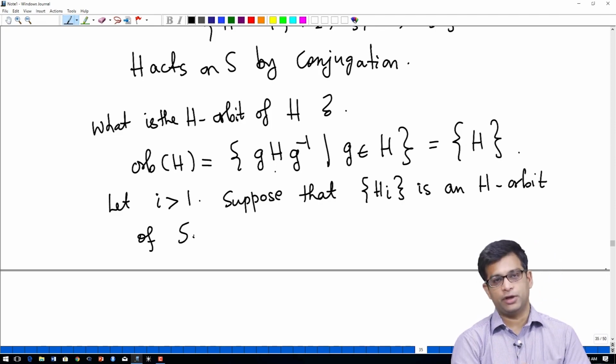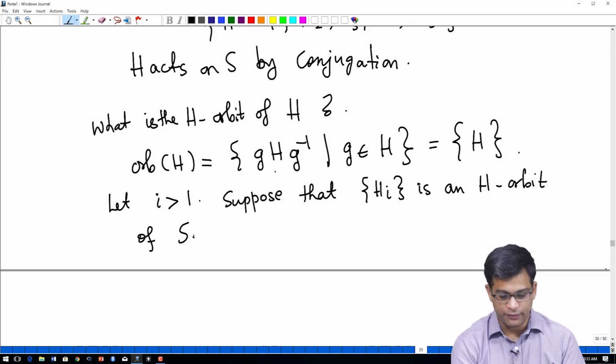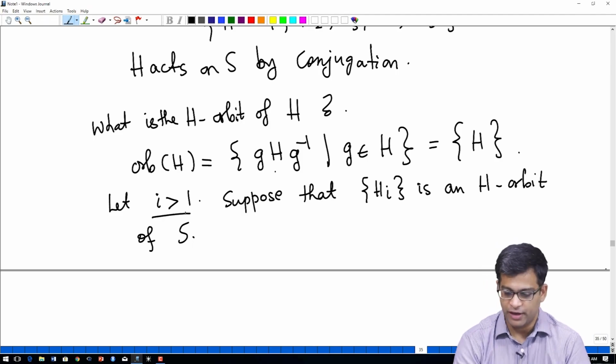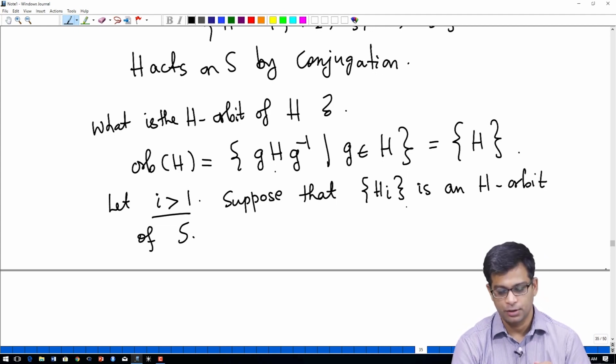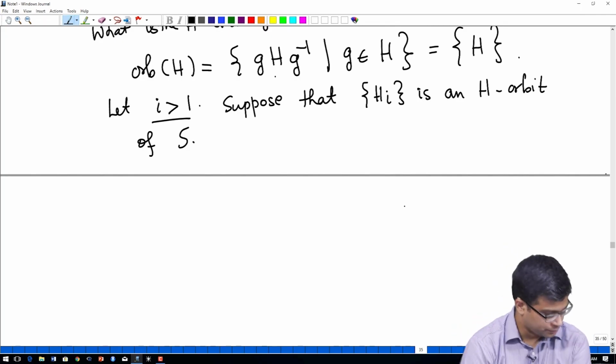Remember, I am looking at capital H acting on capital S by conjugation. Suppose that some Sylow P subgroup different from H, so I is greater than 1, let us say H I forms an orbit by itself. What can we say about H I is what I want to understand.